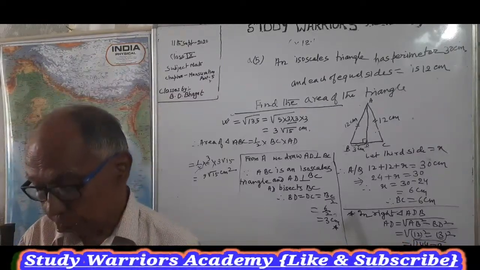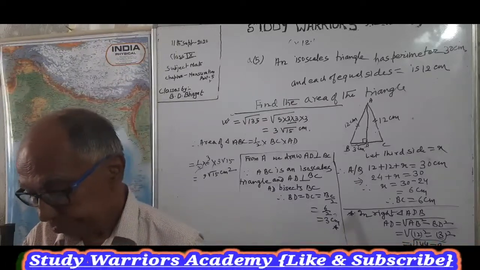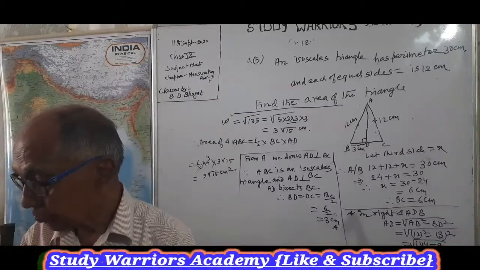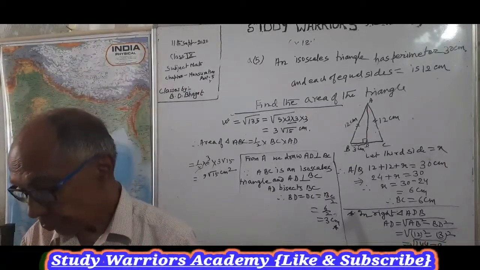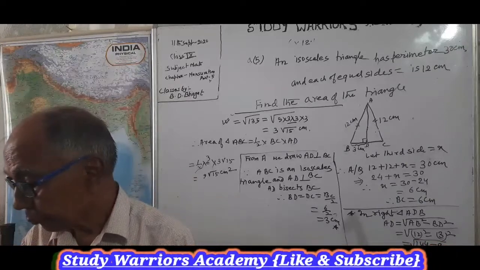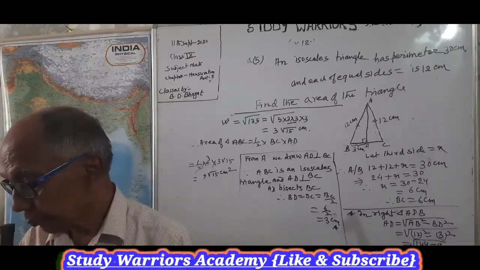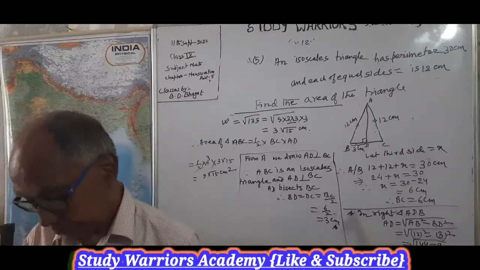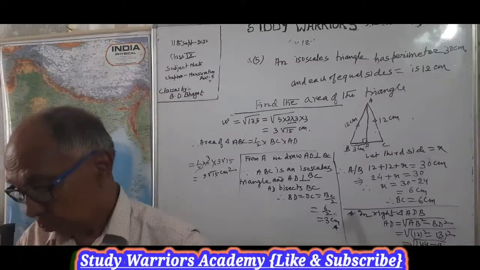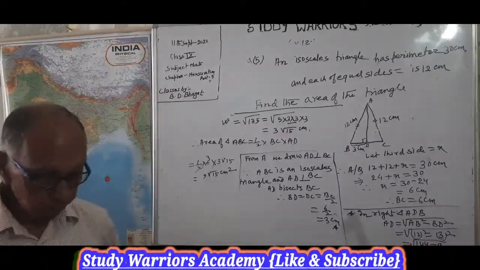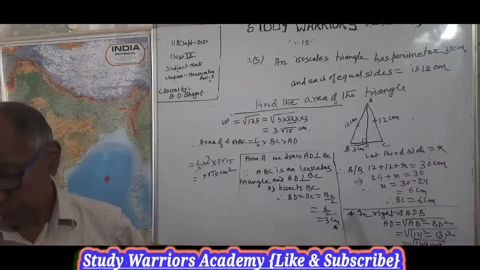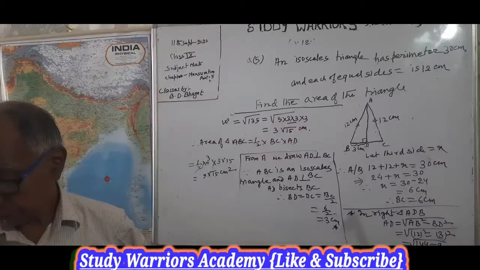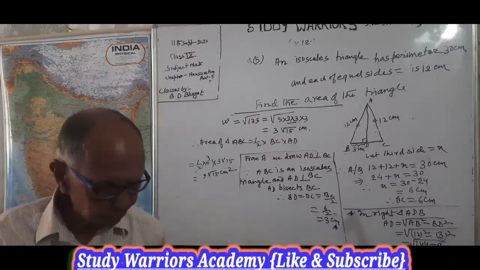Now we are going to solve the questions of exercise 12.2. Any question? Suppose we are doing question number 1. Let us see first the park in the shape of a quadrilateral ABCD. Let us start the first question. What is given?